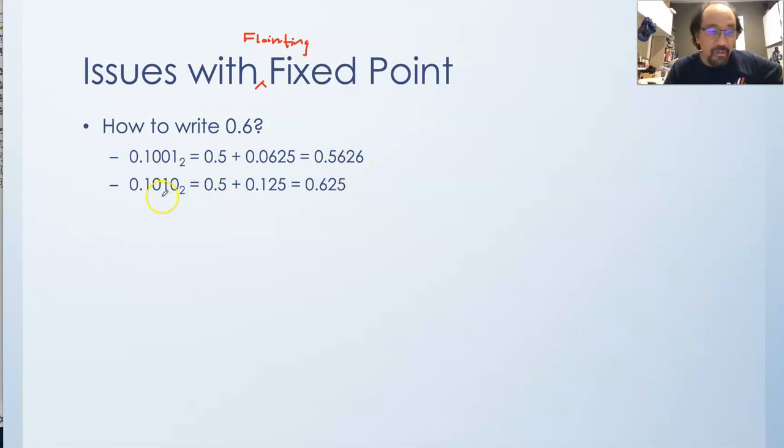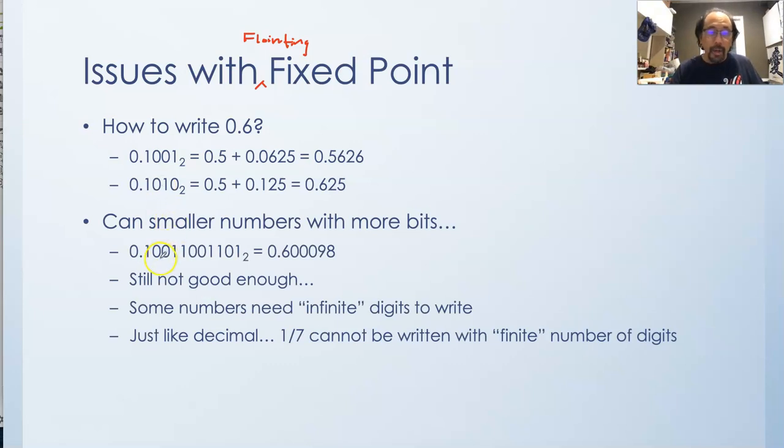If I use these 4 bits, it's a little bit too big. So it's somewhere in between these two values. So maybe I need more bits. I could extend it out, add more bits. But even with more bits, it's still not quite right. Not exactly 0.6.